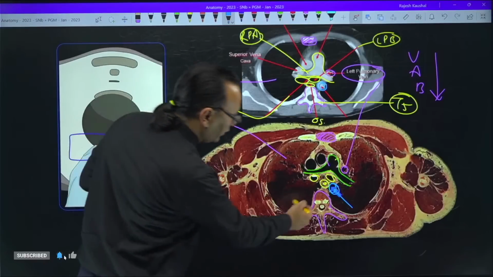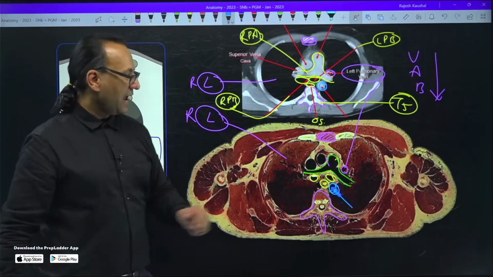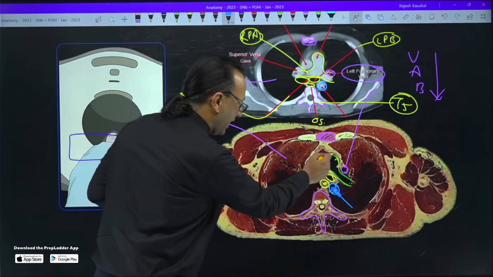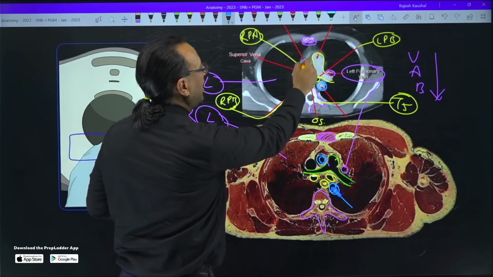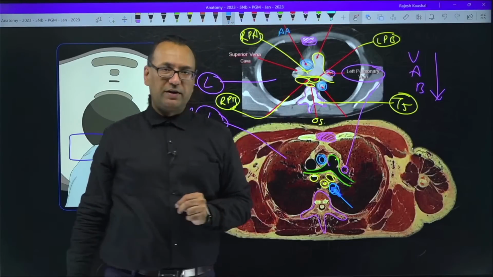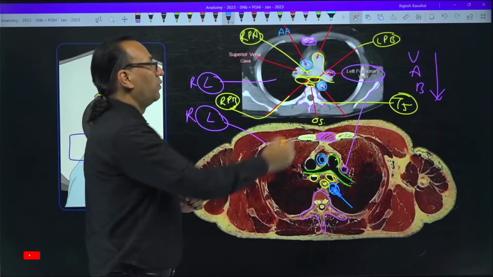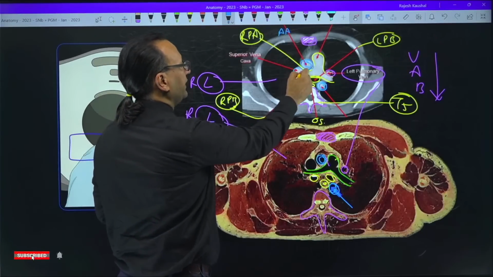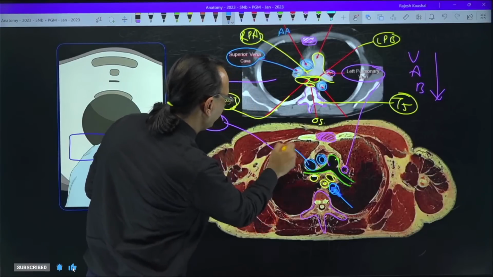If this is descending thoracic aorta, then where is the ascending aorta? Ascending aorta is here, to the right side of pulmonary artery. What is still to the right side of ascending aorta? What is still to the right side of ascending aorta is superior vena cava. This is superior vena cava.